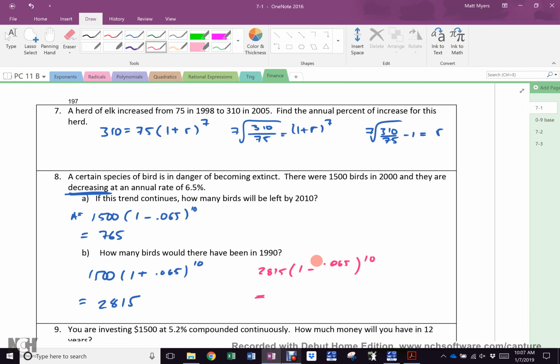And does that work for us? We know that in 2000 there should be 1,500, correct? Right? So if I do this with 2,815 and I follow my formula, I didn't get 1,500, did I? Okay, so what else could we change? Because it wasn't this. This didn't work.